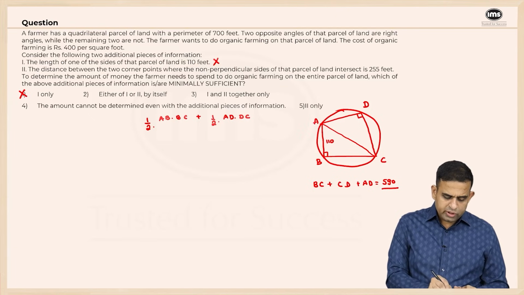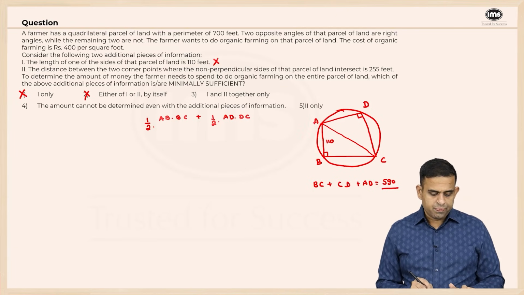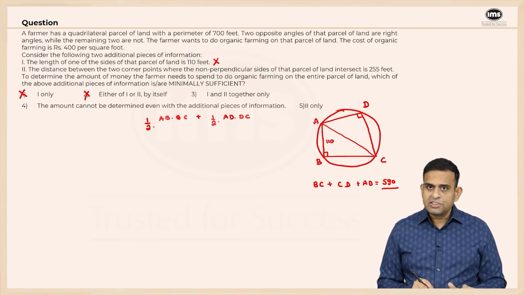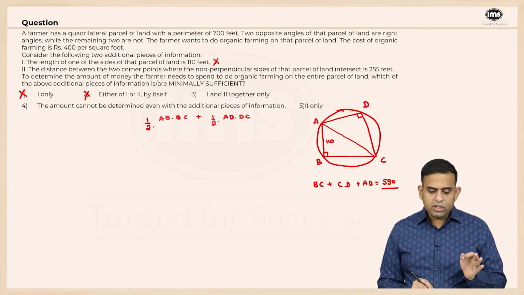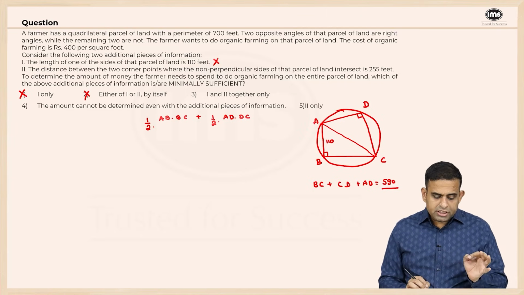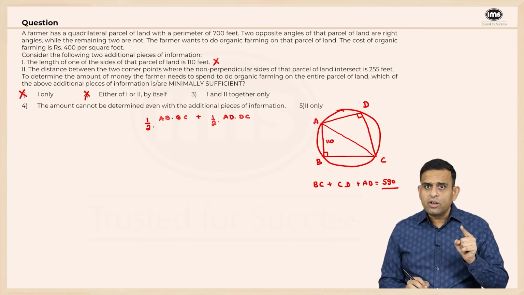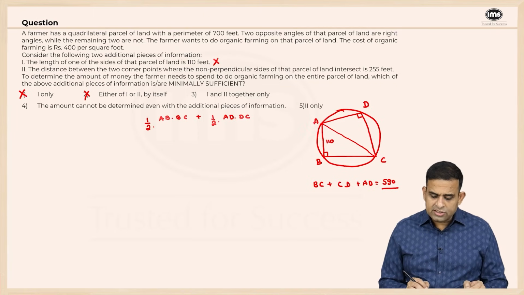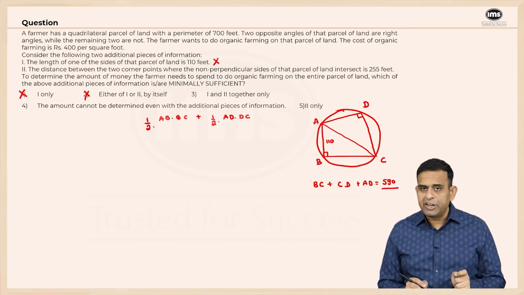Then if I look at statement 2, it says the distance between the two corner points where the two non-perpendicular sides of that parcel intersect is 255 feet.